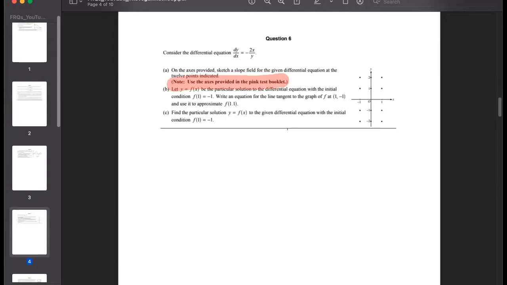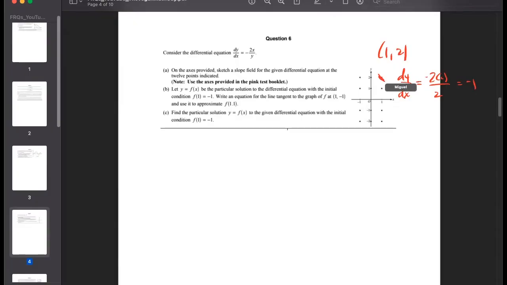So all you really have to do is look at every specific point and find what the slope is at that point. So for example, I'm going to choose 1, 2. That's up on top. So when x is equal to 1, y is equal to 2, my derivative is negative 2 times 1 over 2. So this is negative 1. So all I have to do is go to that point and graph a good estimate of what a slope of negative 1 will look like.